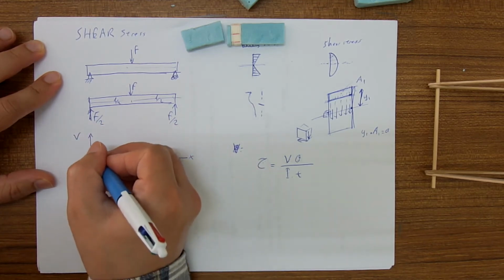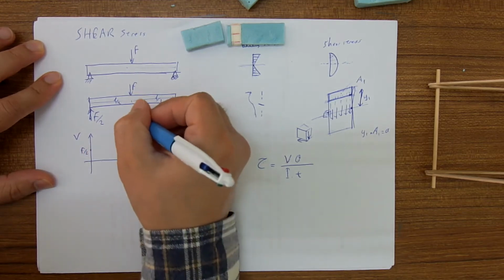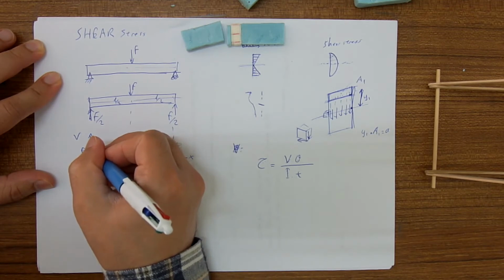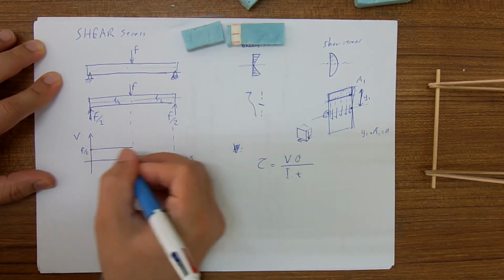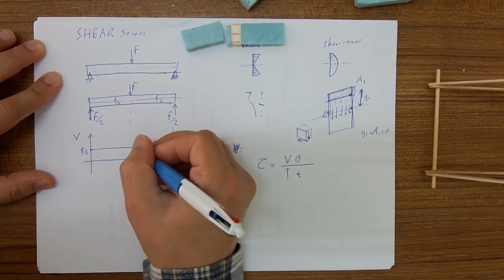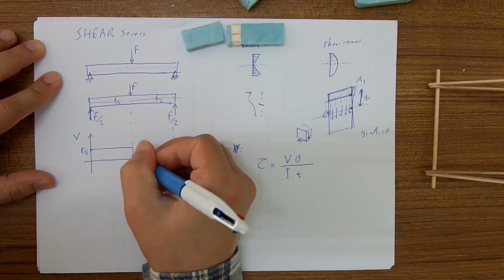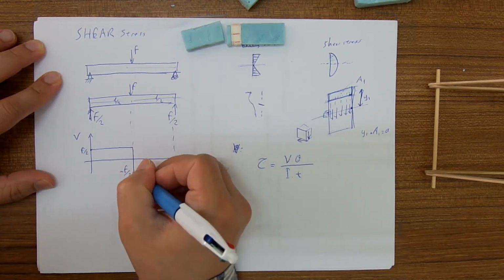So here the shear is F over 2. Until the second discontinuity, the shear doesn't change. It is F over 2. It's positive. At the second discontinuity, we go down by F, so it becomes minus F over 2.